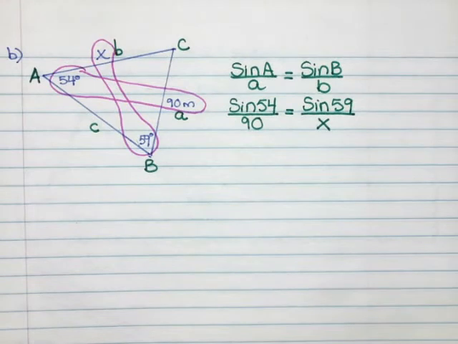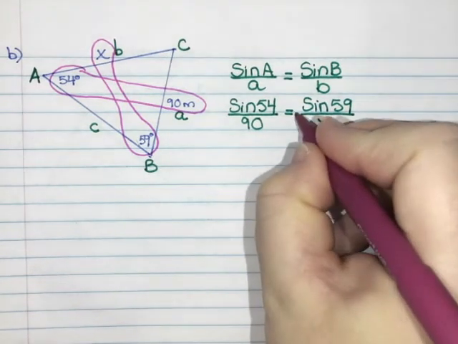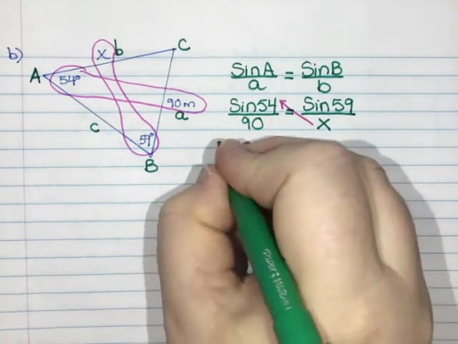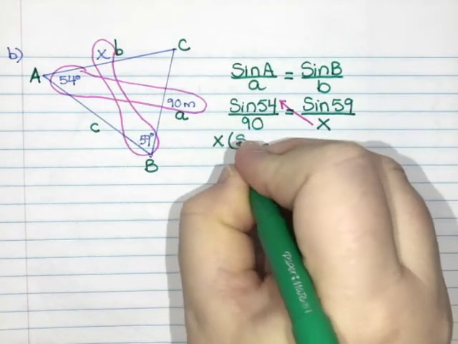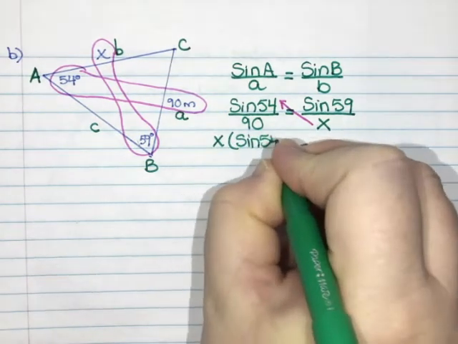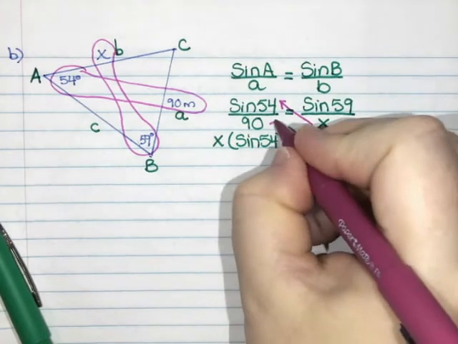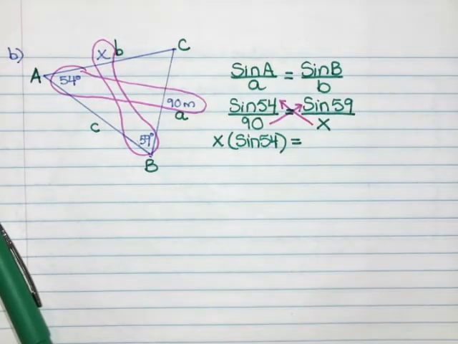So same thing we did last time, we're going to cross multiply. I'm going to start by multiplying x by sine of 54. And then we're going to multiply sine of 59 by 90.